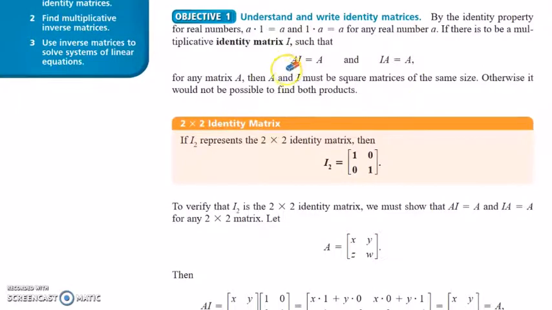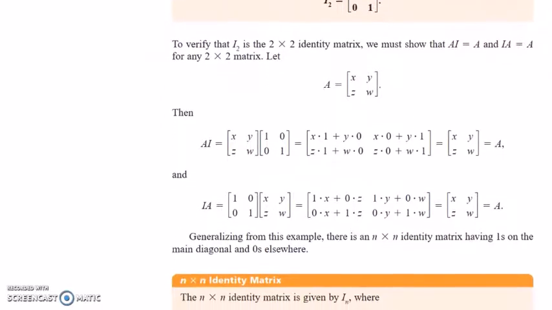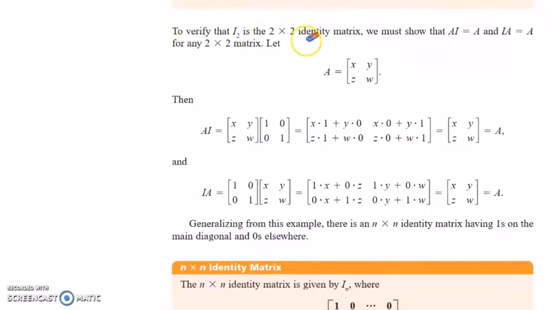You multiply a matrix by the identity matrix, you should get the original matrix back. And that should be commutative. So in other words, for this square matrix, 2 by 2 matrix, to show that the matrix times the identity is the original matrix back, and the identity times the matrix is the matrix back, we take the identity matrix, which is 1, 0, 0, 1, multiply it by our original matrix, and we get A back.